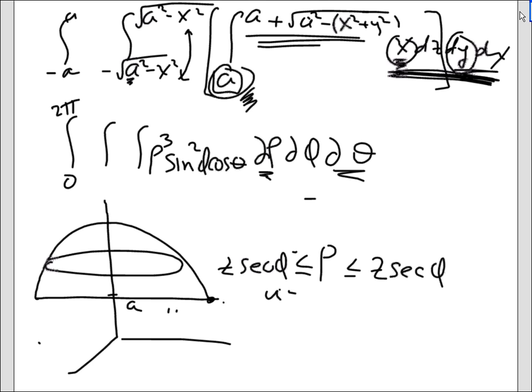Now remember, out here is A. This distance is A, this distance is A, this distance is A, and this distance is A. It may not look like that in the picture, I'm sorry, but nonetheless it's A. So phi goes from 0, and then it gets bigger and bigger, and the biggest. Now, what is this biggest?